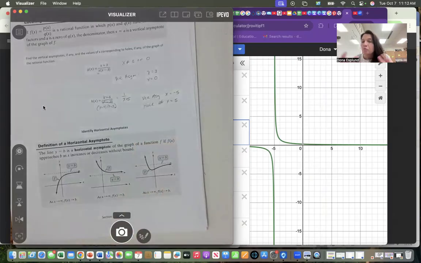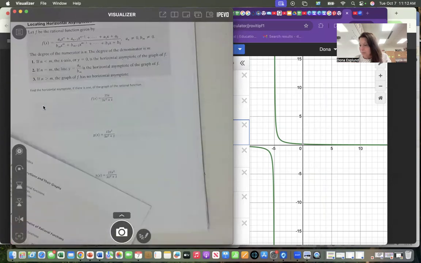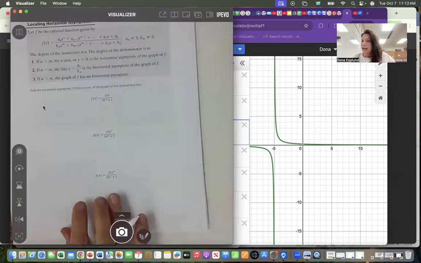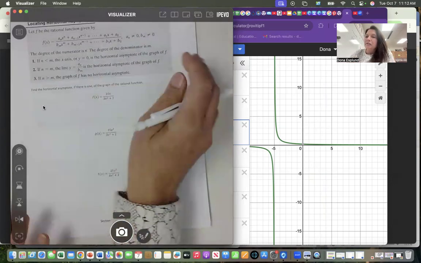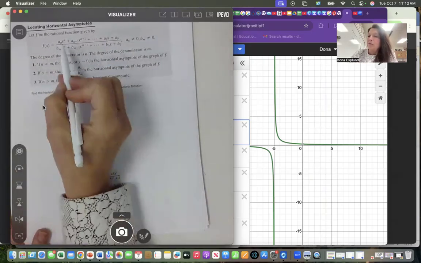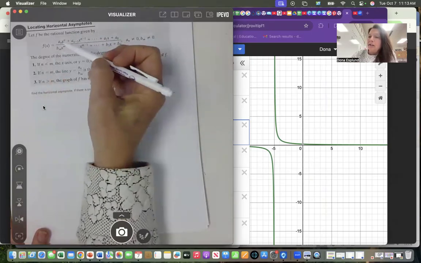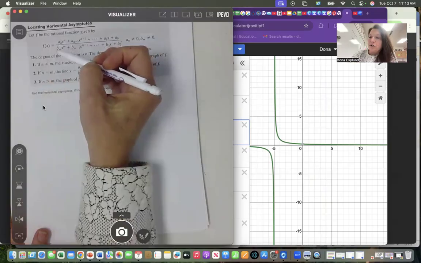As x gets really, really big, or really, really small, going towards positive infinity or negative infinity, what value is y getting closer and closer to? In this case, there are a couple of rules that I want you to learn. The way they've written it looks a little more confusing than it is, but they've got a polynomial on the top and a polynomial on the bottom, and these are just representing their leading coefficients.